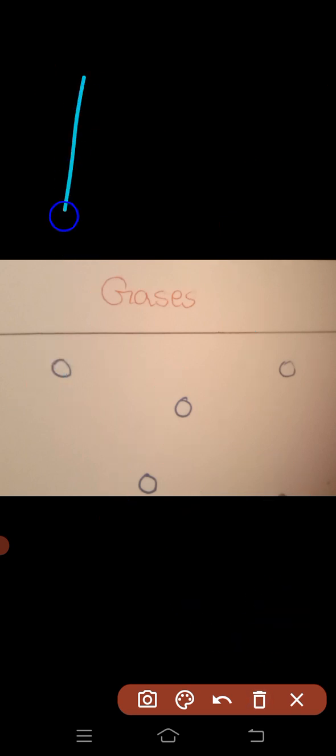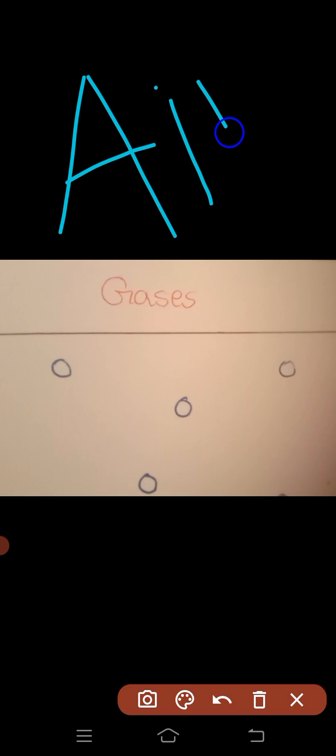For example, air. Air, you know? We cannot see air. Now, catch some air in your hand. You can't see it, but you can feel it. But air is there, right?